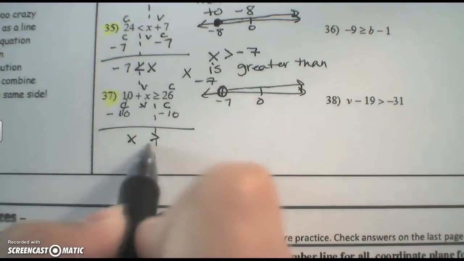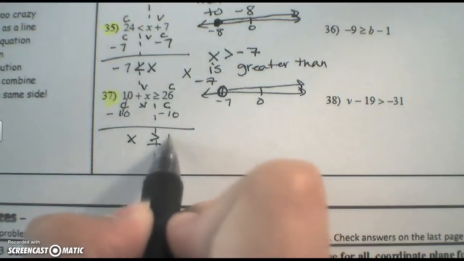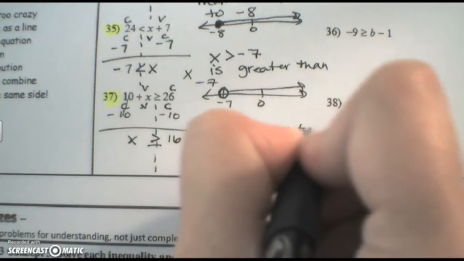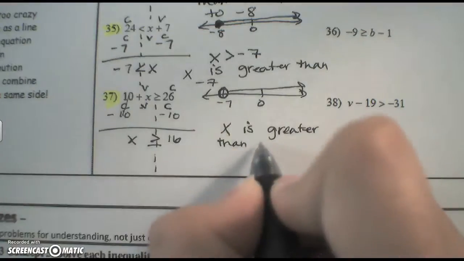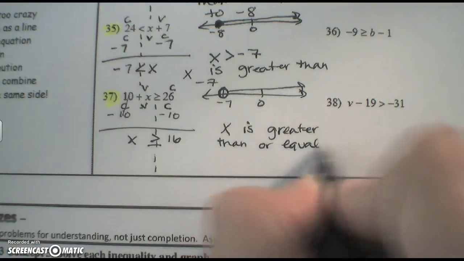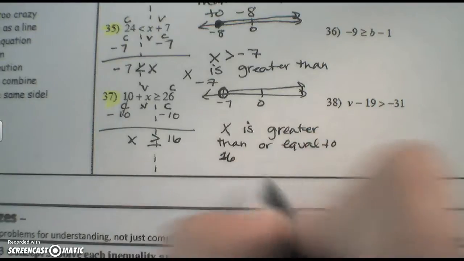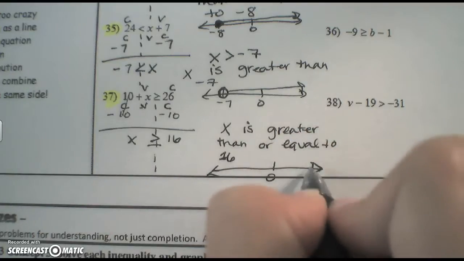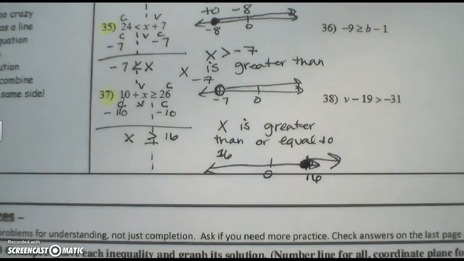And x is greater than or equal to 16. So go ahead and write that out. X is greater than, the mouth towards the x, or equal to, because the line underneath it, 16. And graphing. So 0, 16, closed circle there at 16, and greater is going to go to the right, bigger.